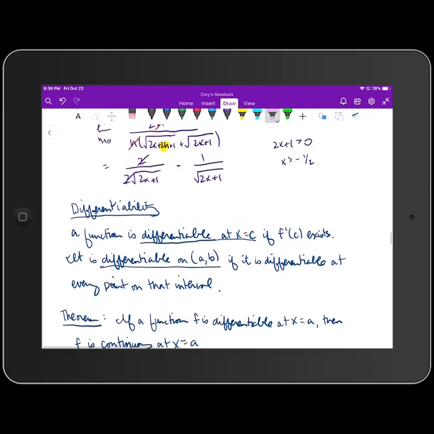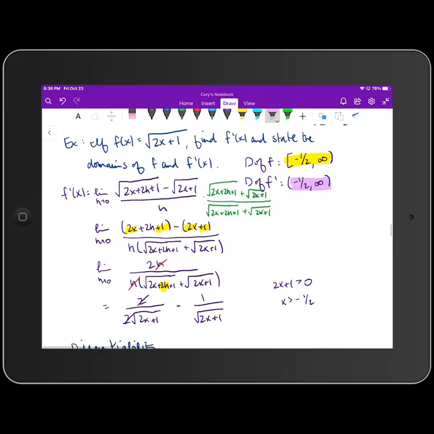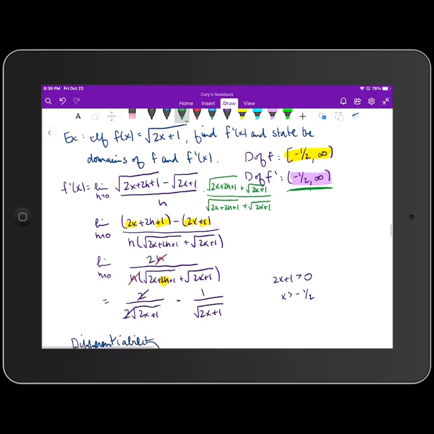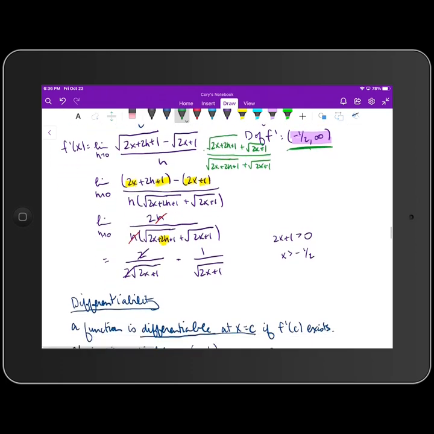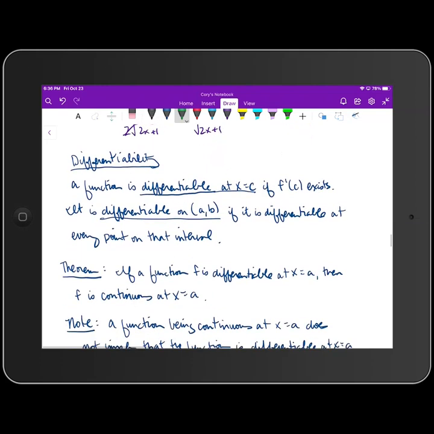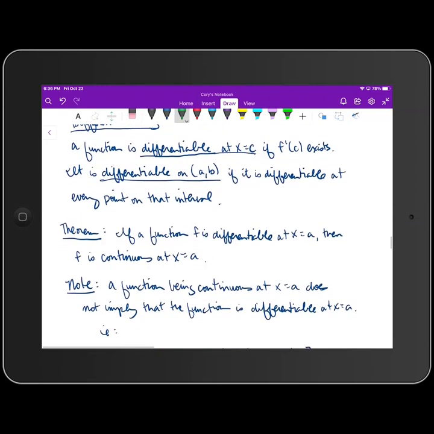Okay, so if we go back to the previous example, we could say that this function was differentiable on this interval here from negative 1/2 to 0 because all of those values are in the domain of f prime. So our function is differentiable at every single point on that interval because the derivative exists at every point on that interval. Okay, now this next theorem is important.